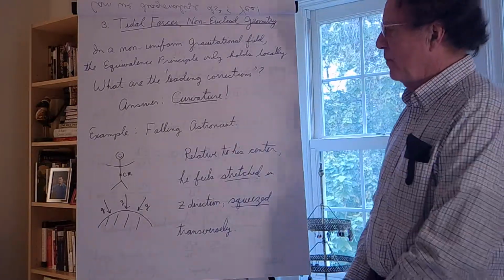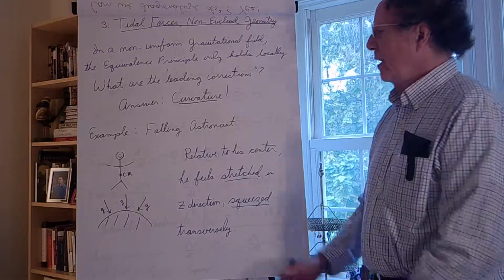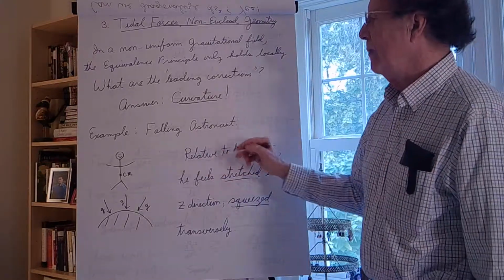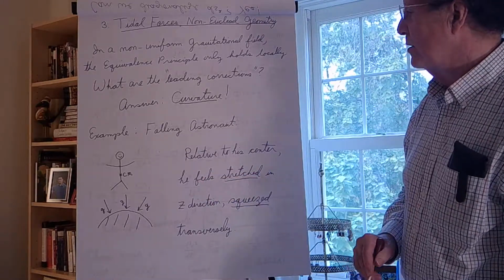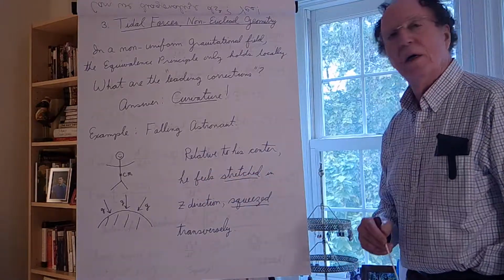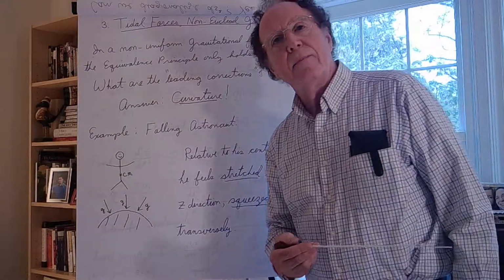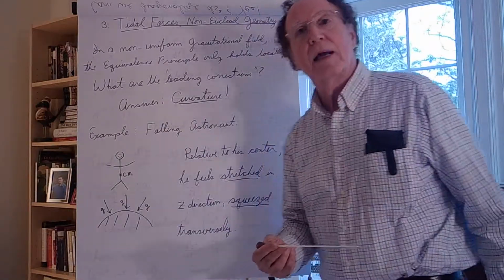Well, let's find out about it by doing a Gedanken experiment. And I imagine myself here, a happy astronaut, outside of, let's put me outside of Saturn or something. I'm going to go look at the satellites of Saturn because I really like them.